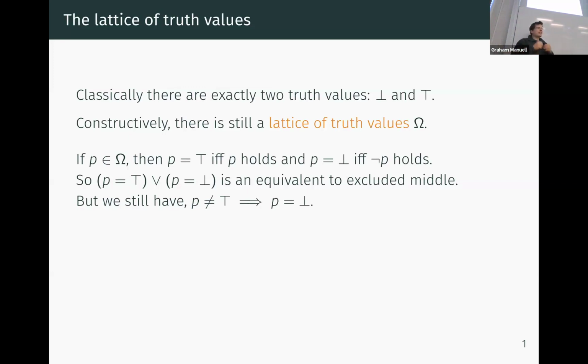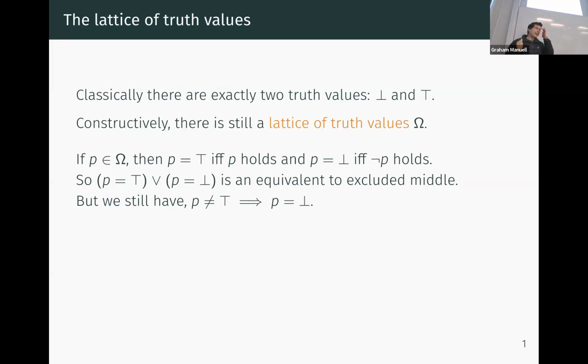But when you're actually reasoning, that's what happens on the outside. If we want to talk about opens of a topological space, we can do that using classical logic, and that's how you can reason about these subsets of a topological space as subsets. But when we want to treat that model using constructive logic, we're now in the universe where the truth values are the open sets of the topological space.